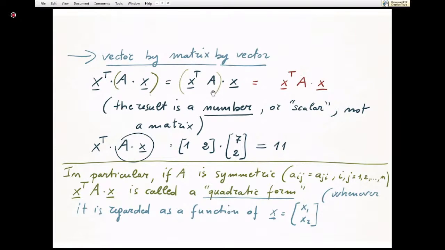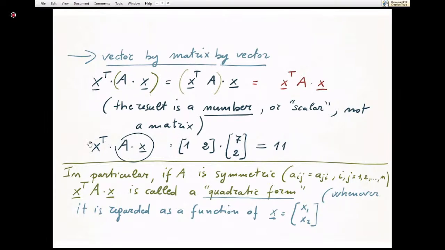It holds also for numbers, okay? So there is no need to establish a priority here. Any of the two possible priorities is reasonable. I mean, it leads to the same result. And remember, the result of this operation is a number, or a scalar. It's not a matrix.